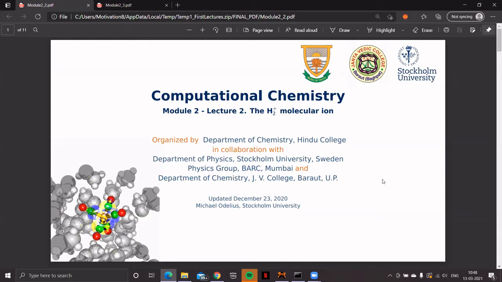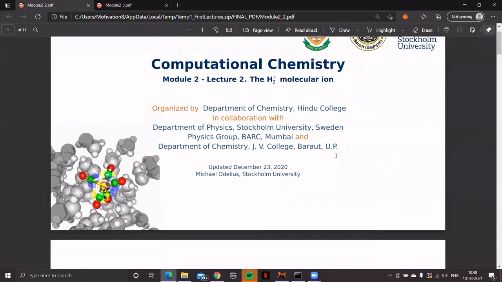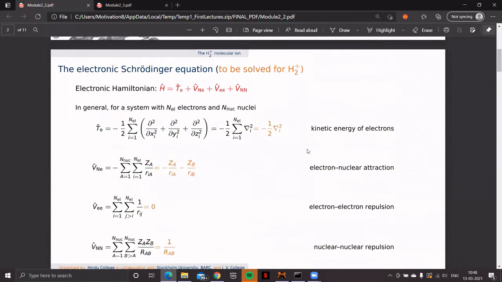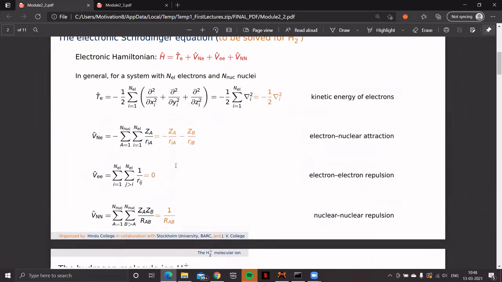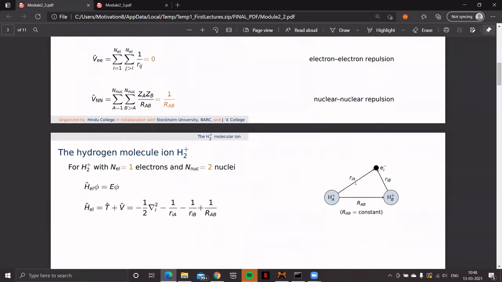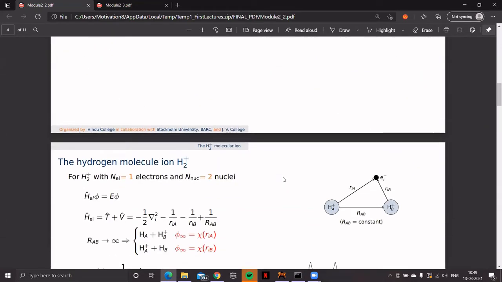And in the theory section, it was discussed in detail the problem of molecular hydrogen ion, where the Hamiltonian operator was created, comprising of the electronic Hamiltonian operator and the potential energy Hamiltonian operator. It's a three-particle system, two nuclei and one electron.